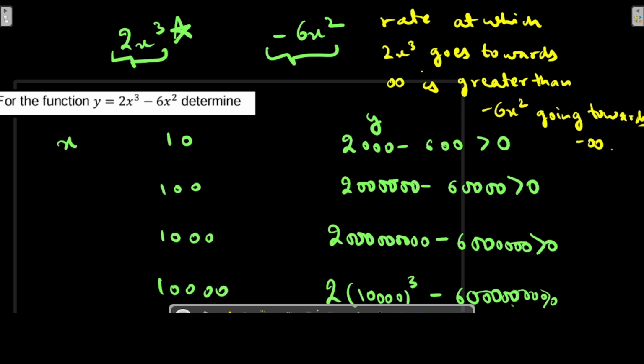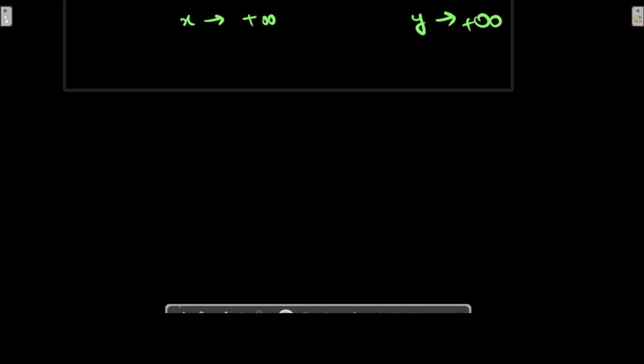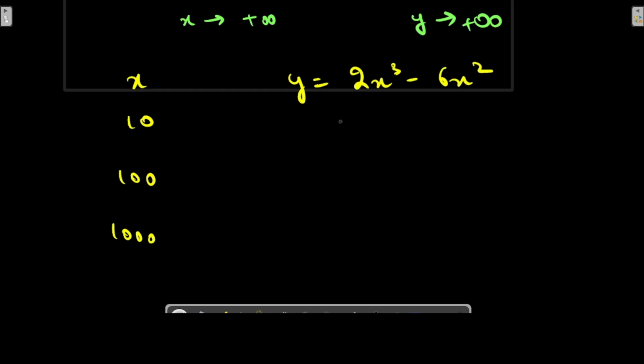Okay. In the similar fashion, it's 2x cube. So the cube is there. If you sub in any negative number in the place of x, the cube will pop out the negative only. So this is going on the negative side. This is also going on the negative side. So the entire term will go on the negative side. And if you want, you can try with this method as well. So x is 10, x is 100, x is 1000, and your y is 2x cube minus 6x square.